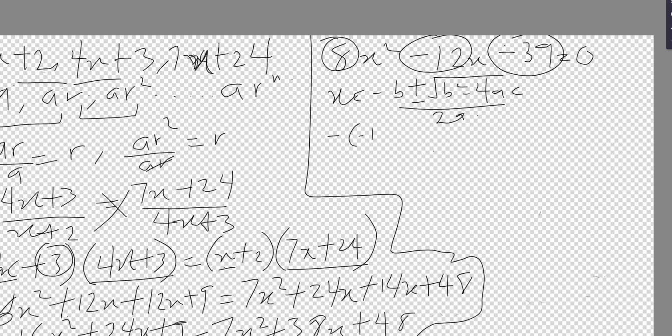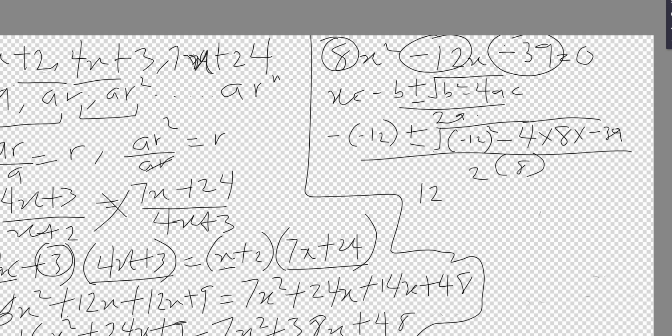That will be minus 12 plus or minus our b squared, which is minus 12 squared, then minus 4a, which is 8, then our c is minus 39. So everything all over 2 multiplied by 8.